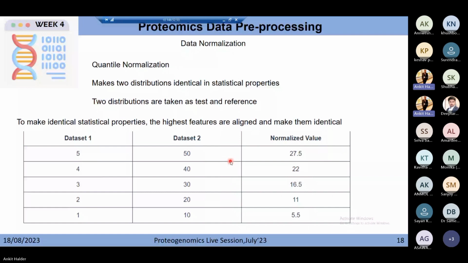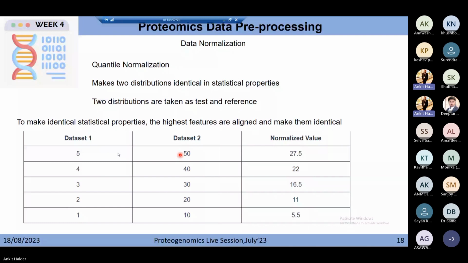But when we are doing quantile normalization, it will look at those particular proteins which have the maximum changes. It will just rank them, for example, here you have dataset 1 showing 5 and dataset 2 showing 50. It will rank accordingly, and then give a normalized value.